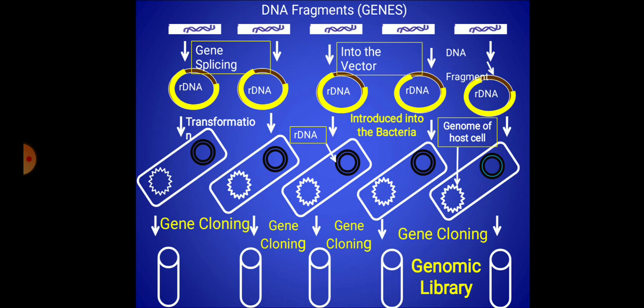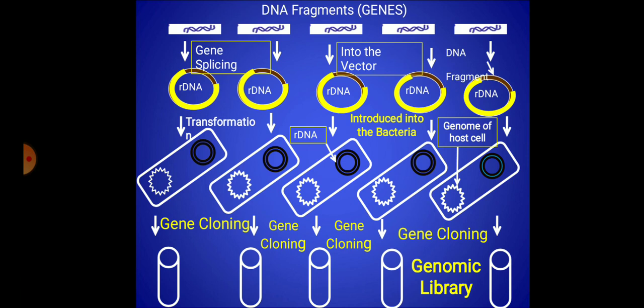The transformed bacteria are isolated by using the marker genes or the scorable marker genes. The transformed bacteria are cultured in separate culture tubes to maintain the gene library of that fragment.